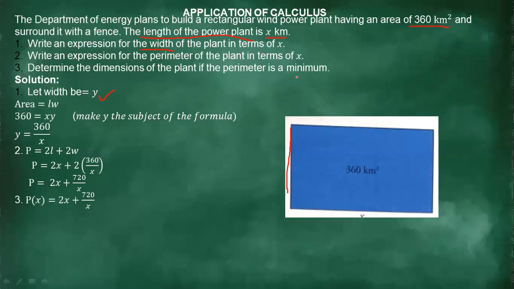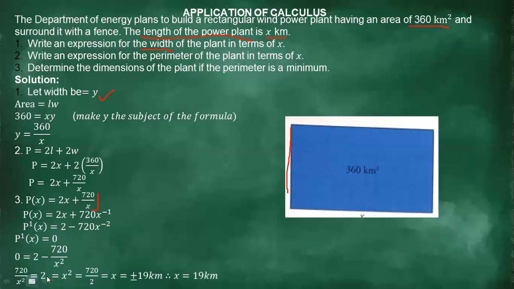You then have to differentiate that perimeter, and you fix this one first, because you cannot differentiate if it's a fraction. Then it's going to be like this, and thereafter we can differentiate, which gives us 2 minus 720x to the power of minus 2, and then you equate to 0.